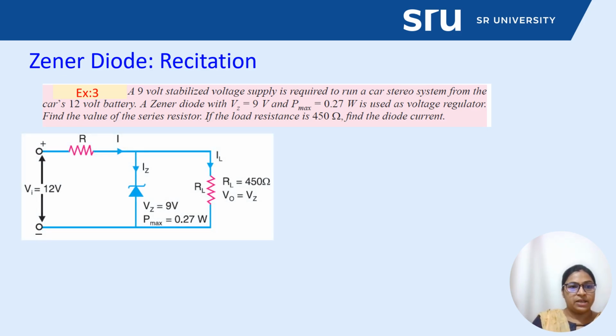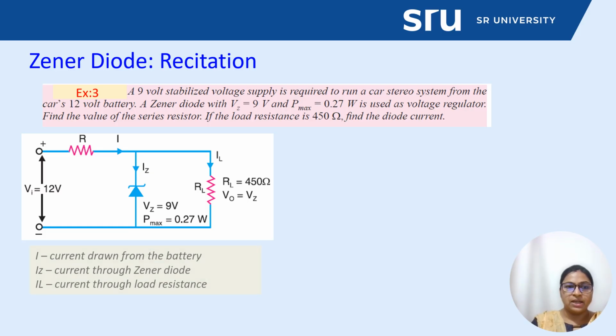So the circuit connection will be this. As given in the problem, the input battery is 12 volt and current I is flowing, and the Zener diode voltage is Vz equal to 9 volt and maximum power is given 0.27 watt.